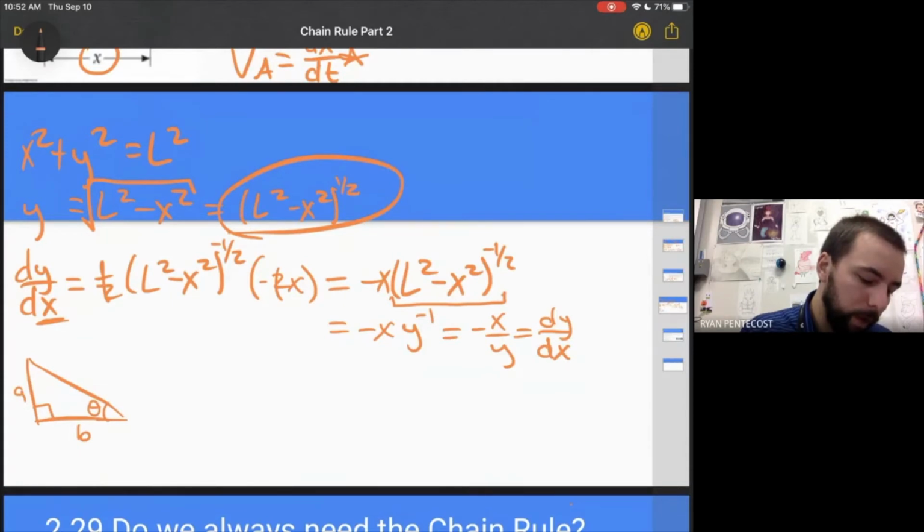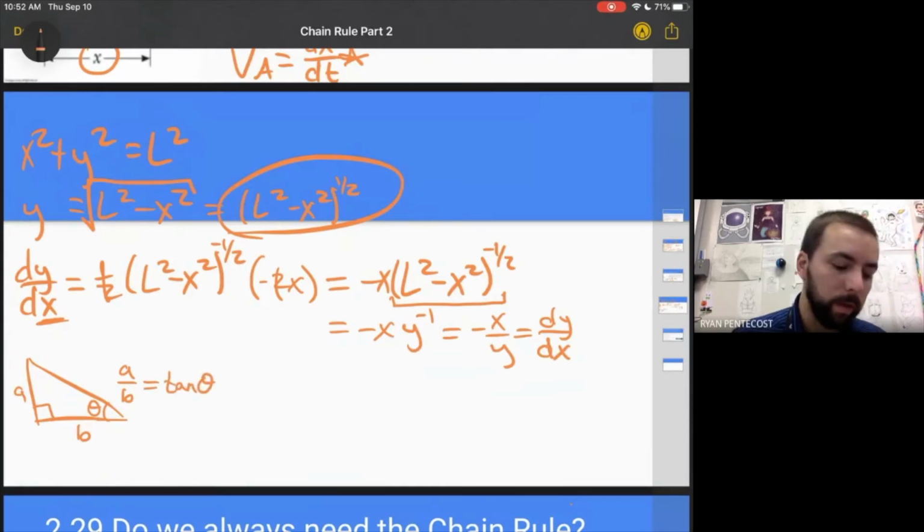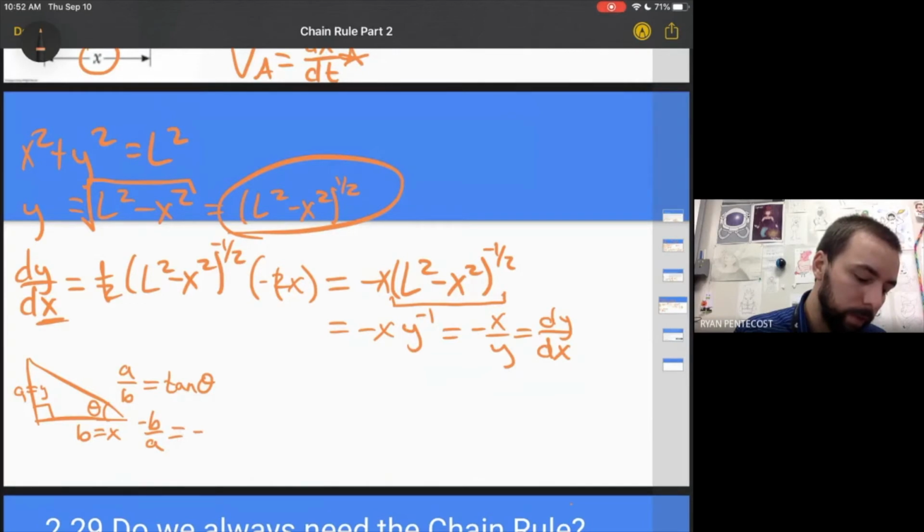If we had A divided by B, that would equal tangent theta. That's just a trig identity. In this case, B is x, A is y. So here we have B over A, and we actually have negative B over A, so that could be said to be negative 1 over tangent theta.